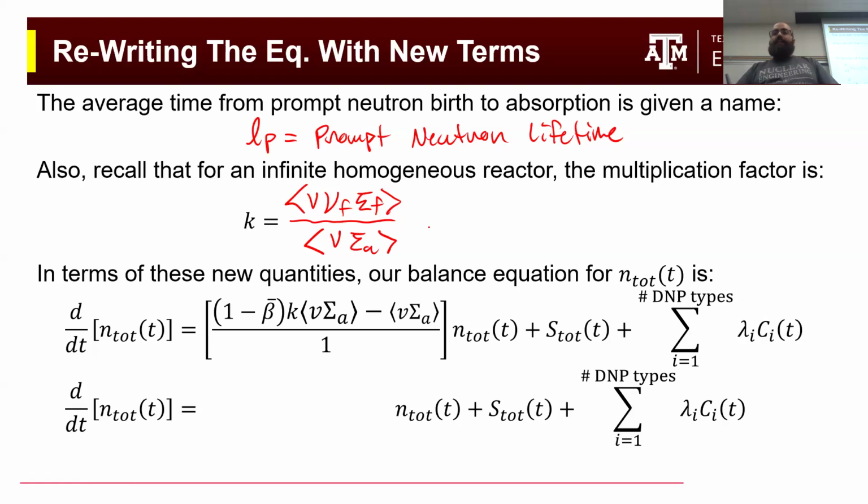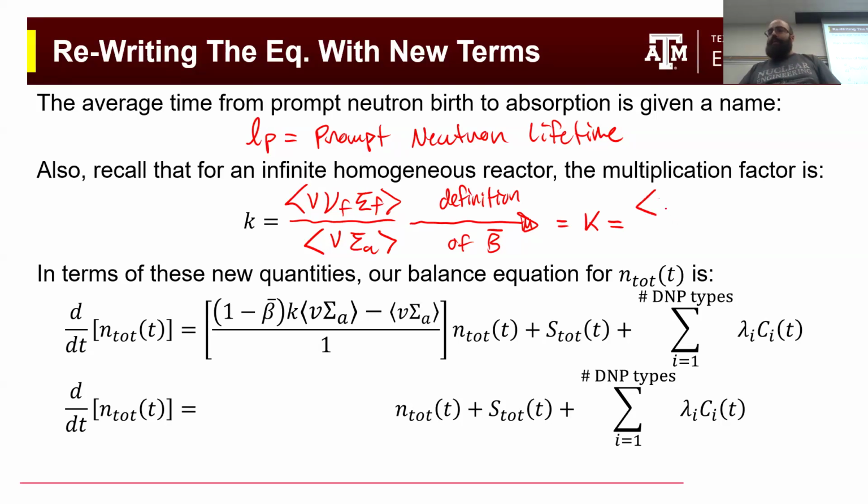And then if I take this definition and use the definition of beta, then I can rewrite K to have my prompt neutron term and the delayed neutron fraction.